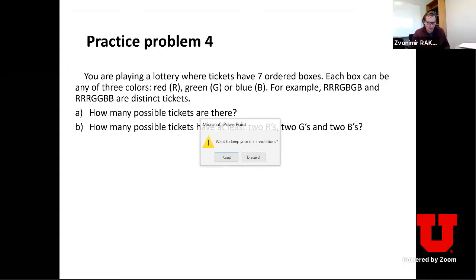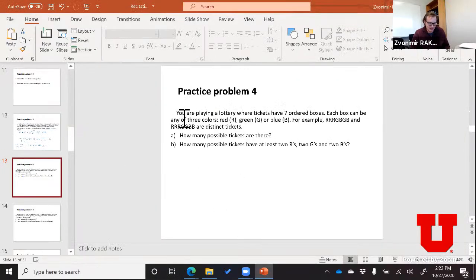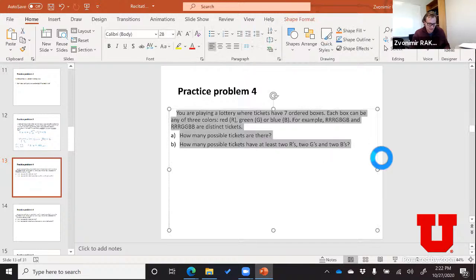I've copied the whole thing in the chat as well, and you'll be able to see it there. Then we'll do breakout rooms. Yes, screenshots work as well. Okay, you have it now in the chat.